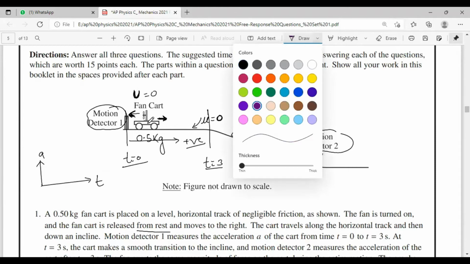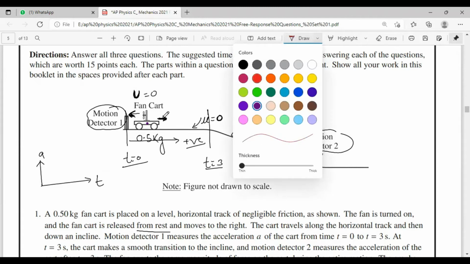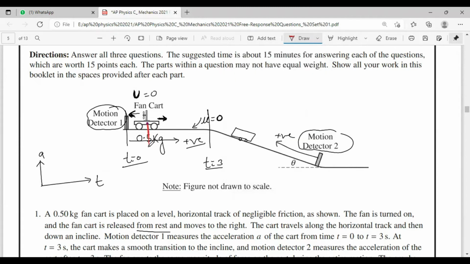What will the forces be here? As you can think, there will be a downward force of mg, where m is the mass of the cart, including the fan, and g is the acceleration due to gravity. So this will be the mg.